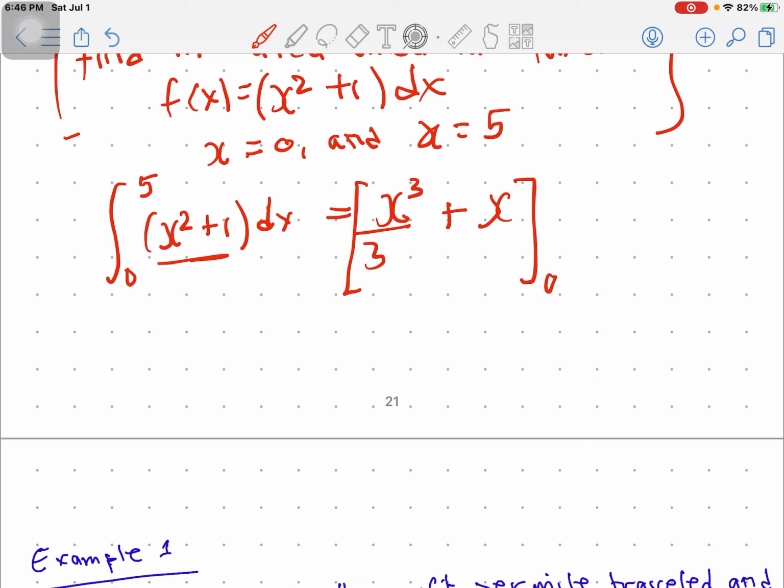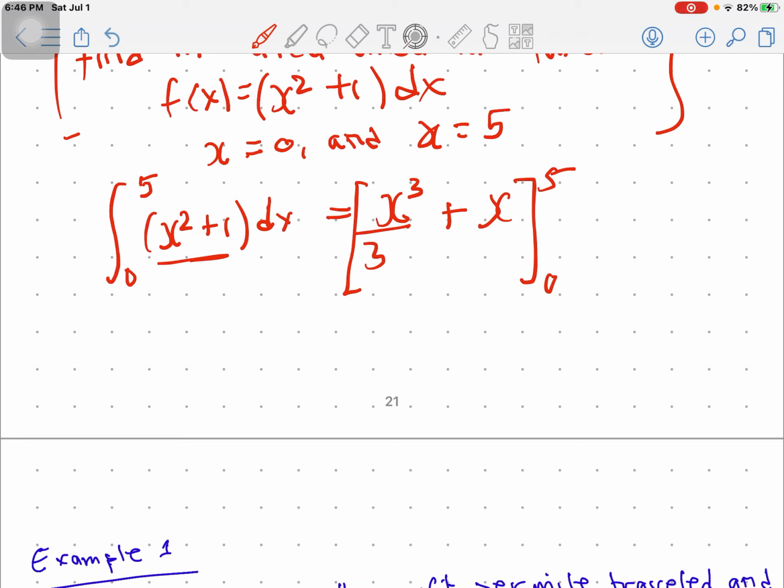Don't forget that we have a limit which is 0 to 5, and therefore, as the fundamental theorem says, we substitute the upper limit into the integration we have done and subtract from it the substitution of the lower limit into the integration.